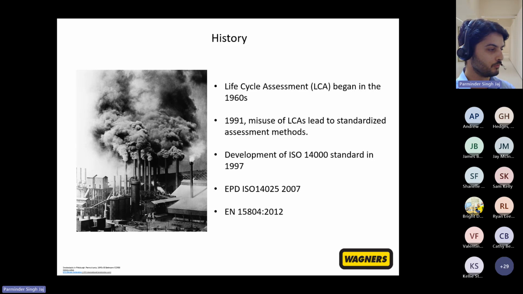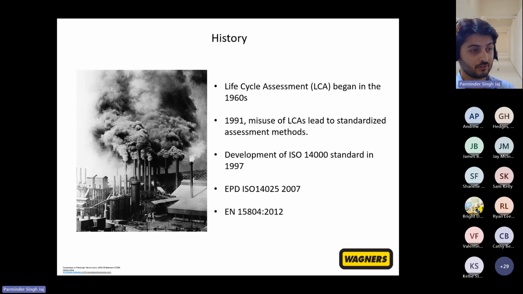So people had some concerns about it, and the term life cycle assessment was actually raised in the 1960s, but there were no specific standards at that time, and people started misusing LCAs to just demonstrate how much better their product is, because there were no standards at that time.